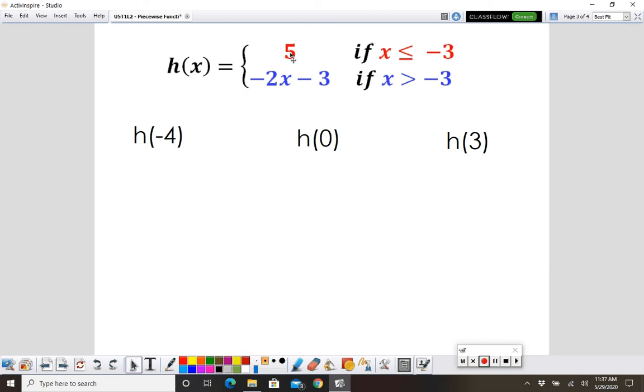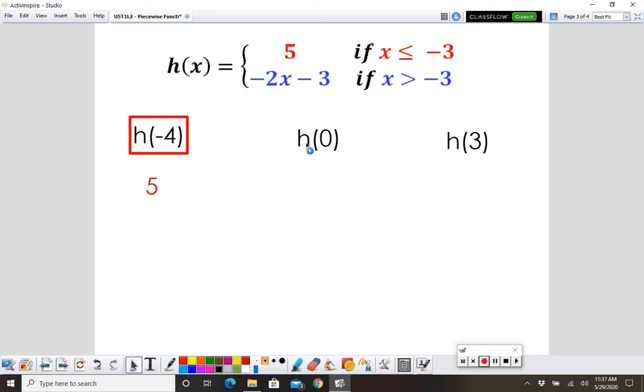You just put down 5. If you think about this on a graph, this would be where the horizontal line is. So if x is less than or equal to negative 3, well, that's negative 4 here. So we use this red expression, and all we do is put that value, 5. It seems almost too simple, but that's what you do.